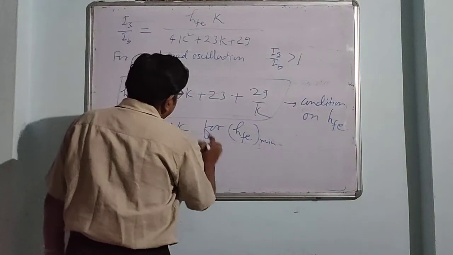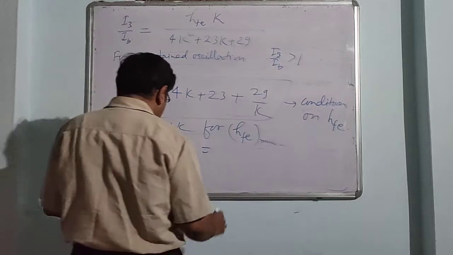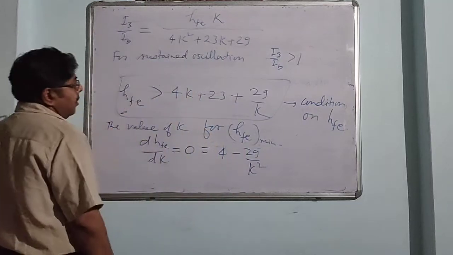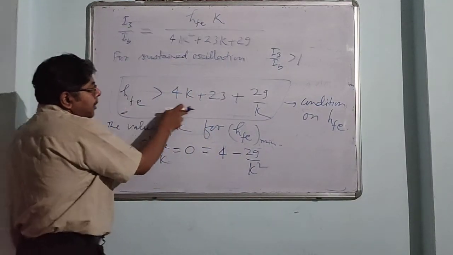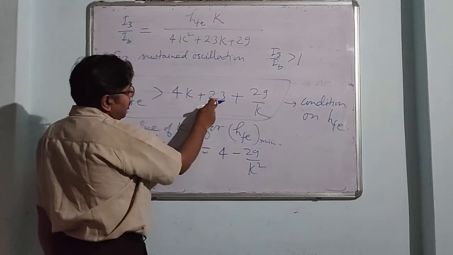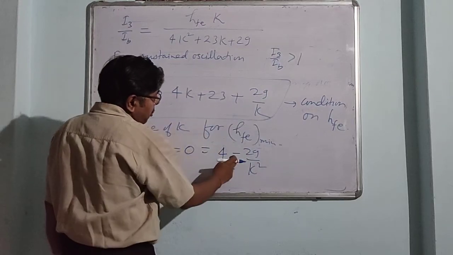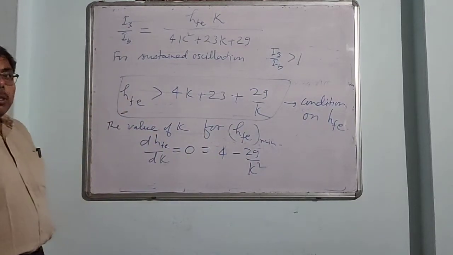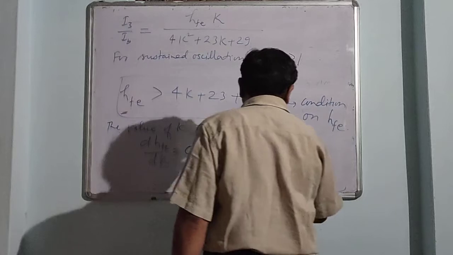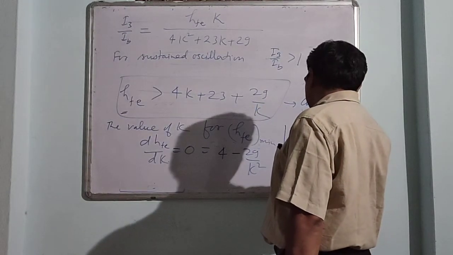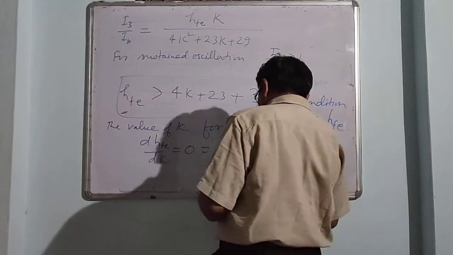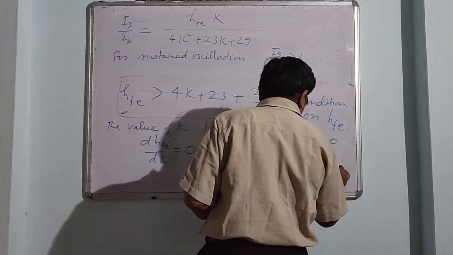Derivative of this with respect to K is 4 minus 29 upon K square. When you will differentiate this with respect to K, here 4K becomes 4, this is 0, and 29 upon K gives you minus 29 upon K square. So from here you can solve this value of K. 4 minus 29 upon K square, this is 0, or from here you can solve and check, you will get this is 2.7.